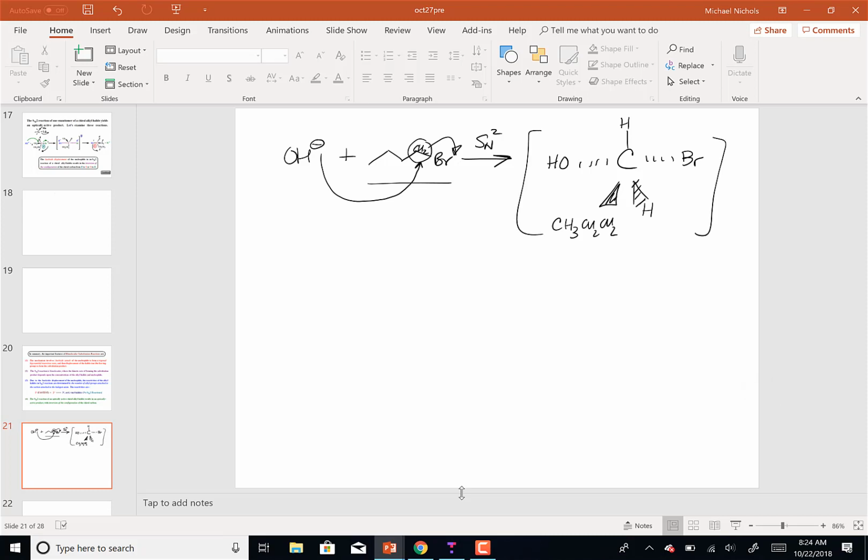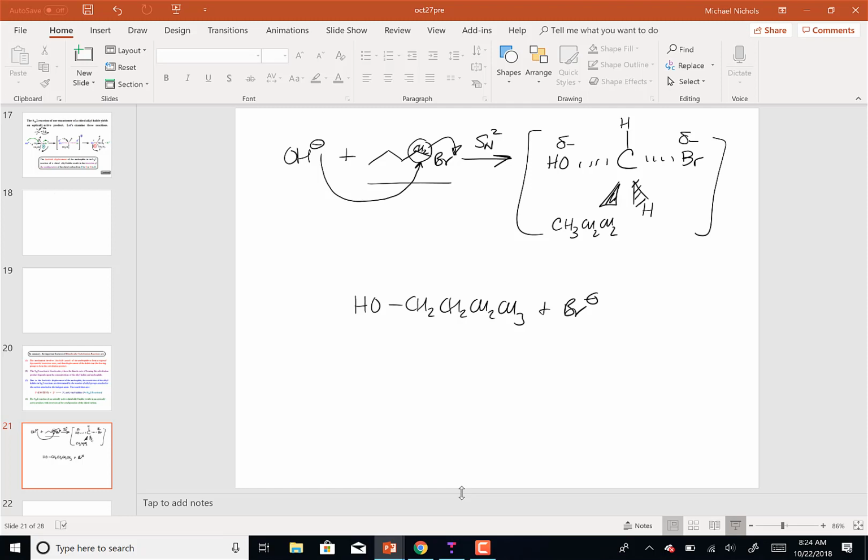I'm missing 2 things. I'm missing the delta minus on the OH and the delta minus on the Br. Because the OH is starting out negative, it will become zero formal charge.